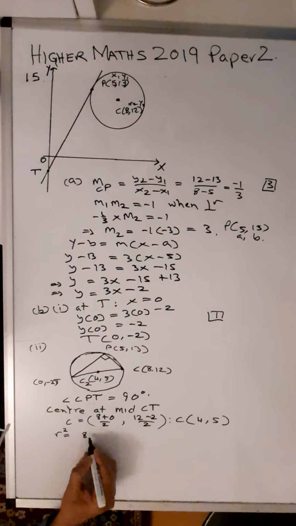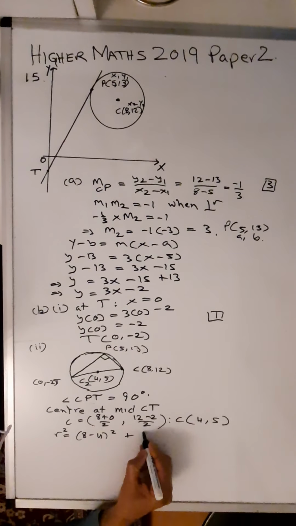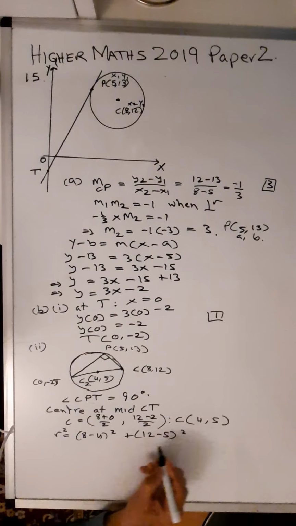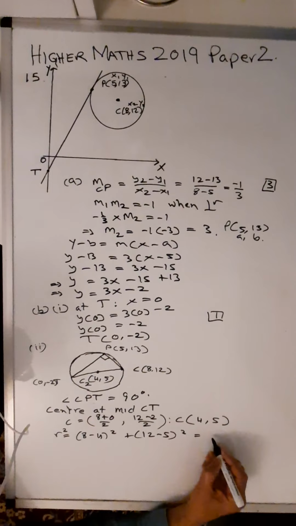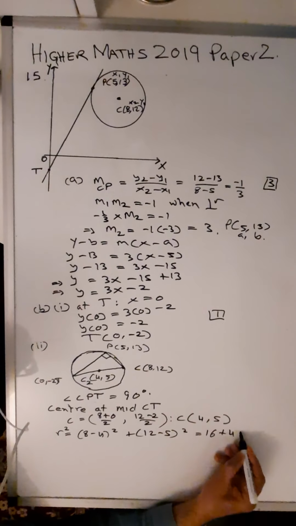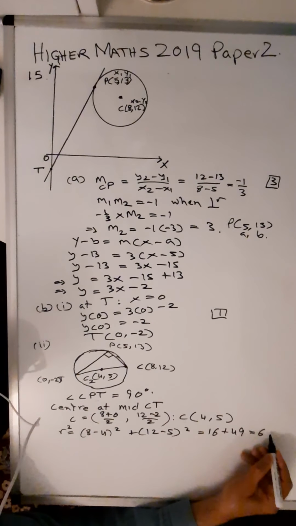That's going to be (8 minus 4) all squared plus (12 minus 5) all squared. So the radius squared is going to be 16 plus 49, which gives you 65.